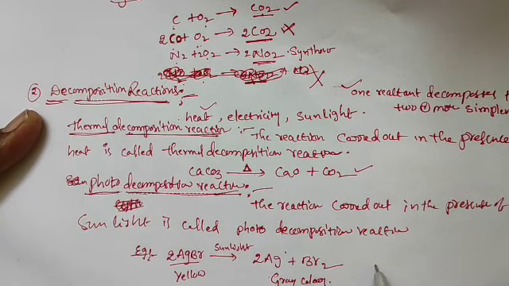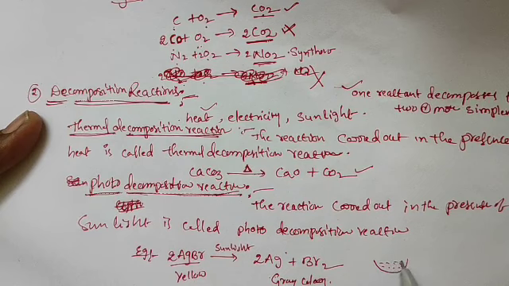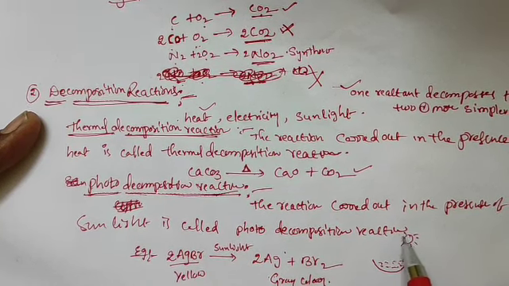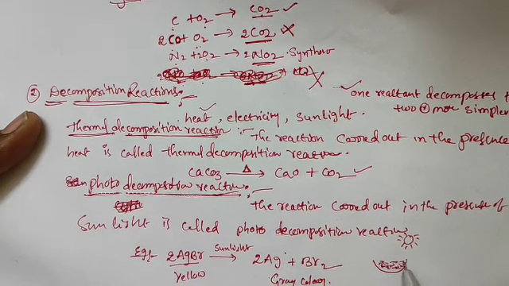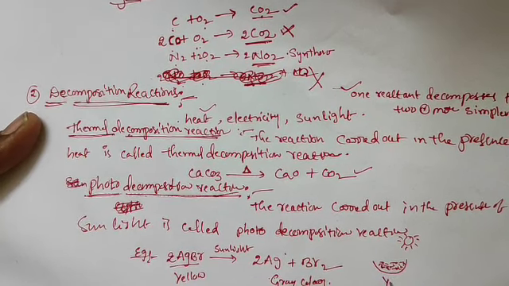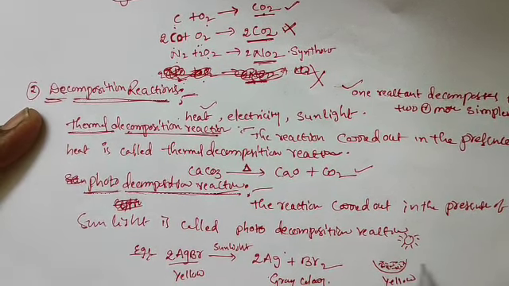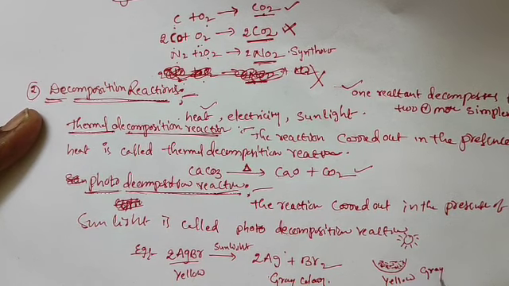When silver bromide is kept in a watch glass in the presence of sunlight, this yellow color of AgBr changes into gray color.